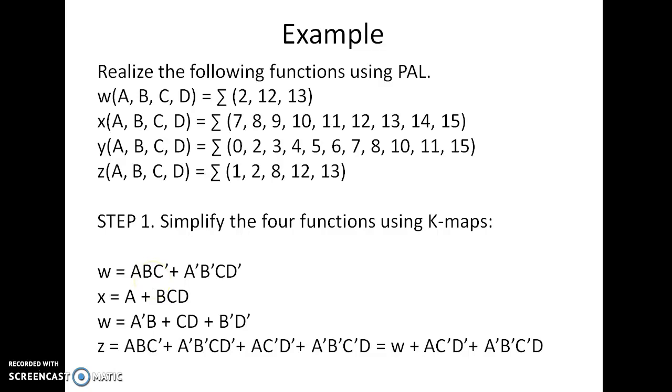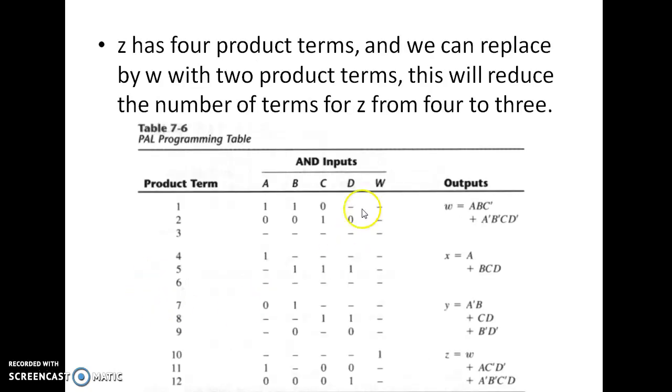So this is the first step. Now, Z had 4 product terms, as I showed previously, and we can replace them by W with 2 product terms. This reduces the number of terms for Z from 4 to 3. So this is how we reduce the number of terms.